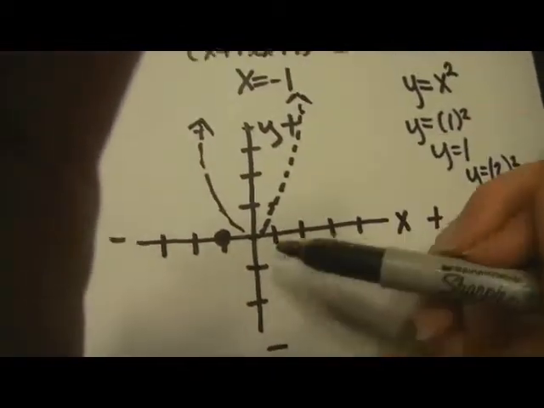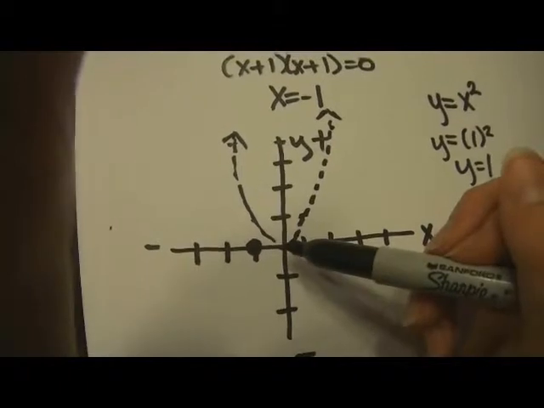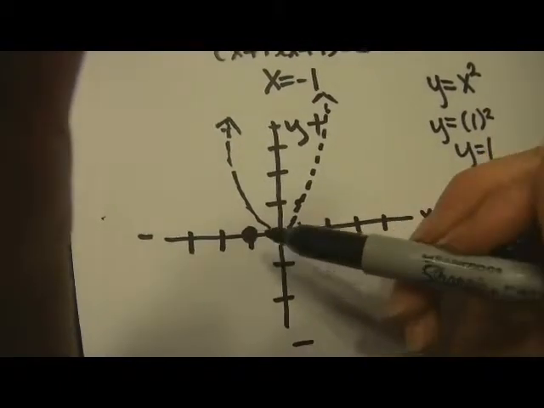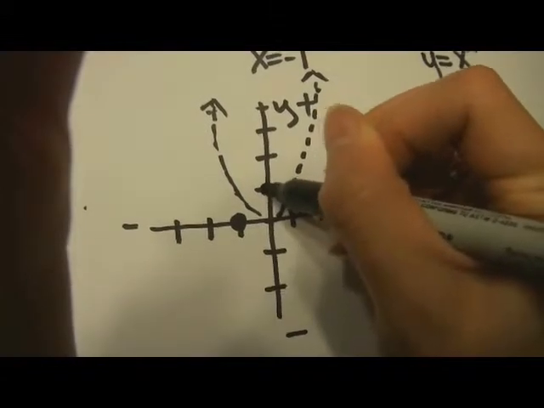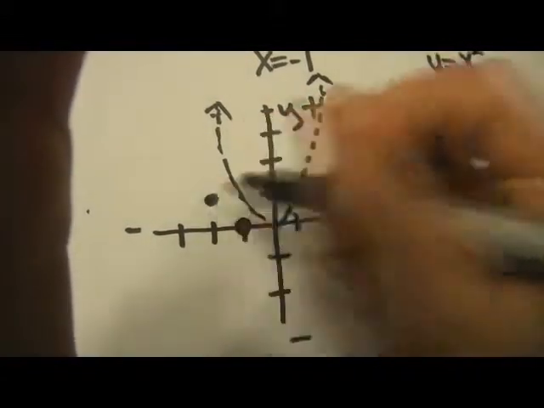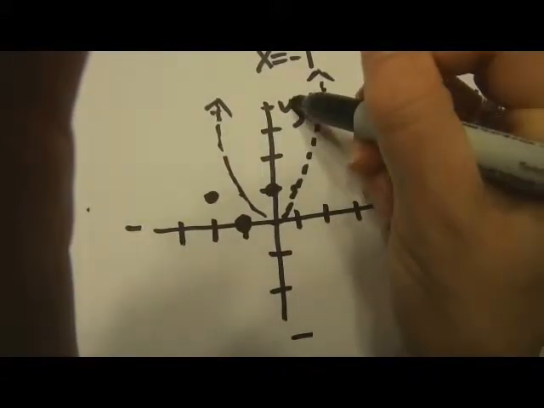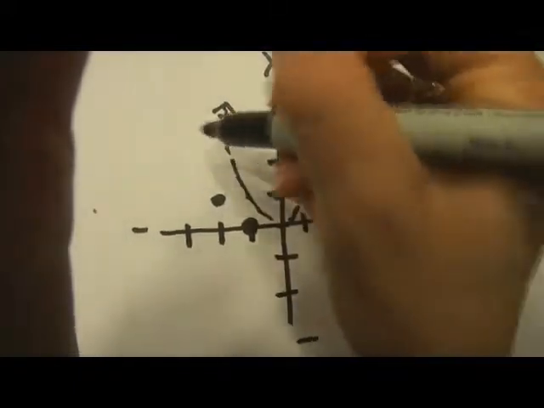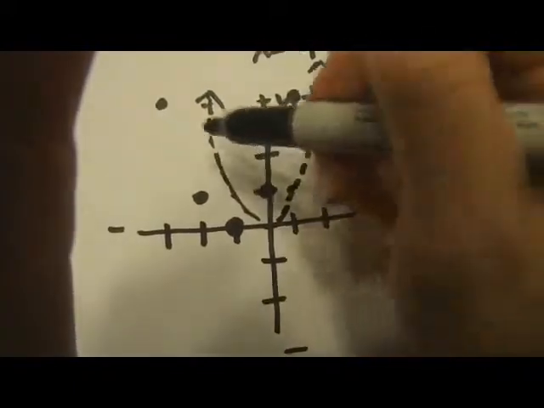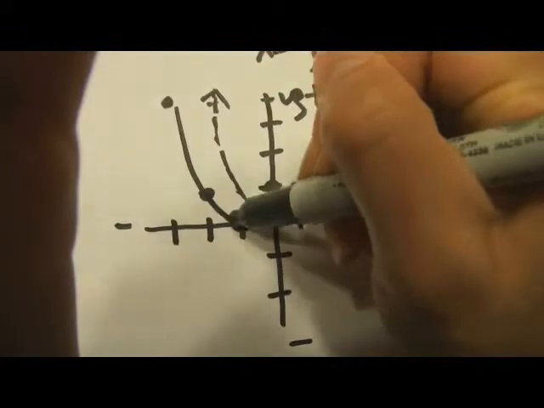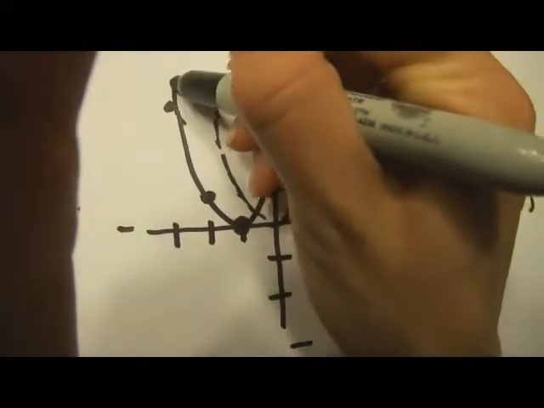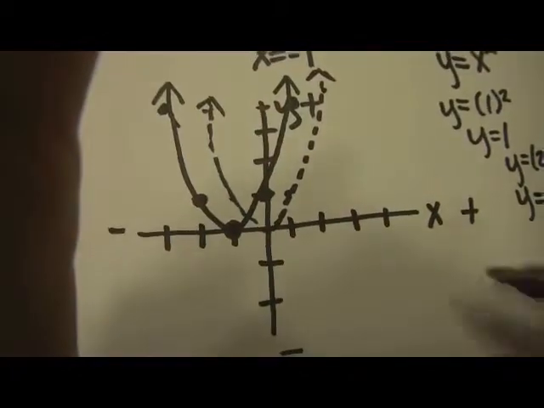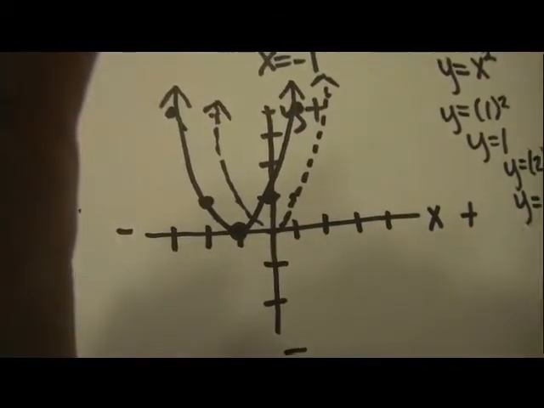Now, if you notice, what we have right here is just our parabola moved over. So you can plot the same thing. And now you can connect the dots. And there you go. There's your graph.